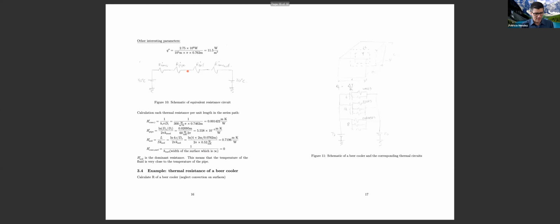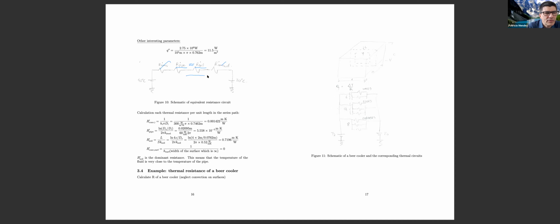I'm going to give it a try. So the question is, what if this resistance is more or less the same as the resistance of the soil? So let's say this is still small.